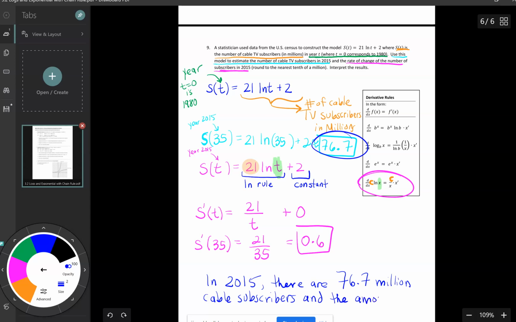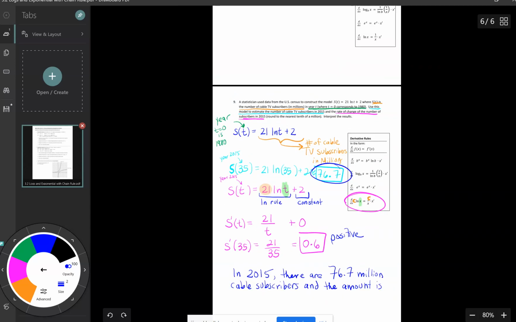the amount is increasing because I have a positive number over here. So the amount is increasing by what? You have to get your units going on here. Remember, a derivative is a slope. A slope is a rise over 1. You have to talk about the change in your outputs over the change in your input. That helps you get your units correct. So the output was number of subscribers.